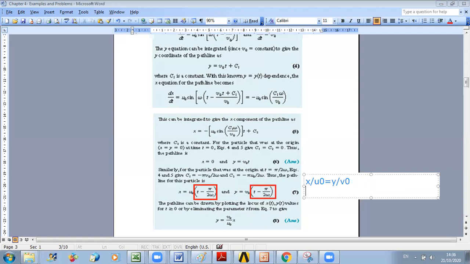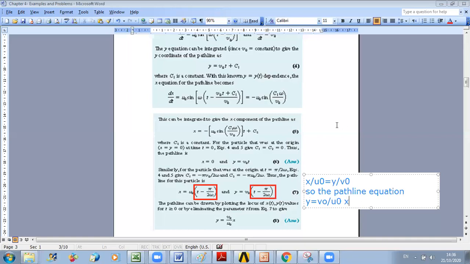So the path line equation is y equals v0 over u0 times x, and it is a linear shape. So if you follow the particles that passed by the origin at t equal to pi over 2 omega, you will observe that it's going over a straight line.